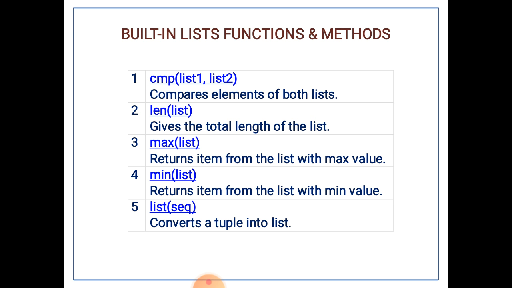And the important thing, list(seq): a tuple, which is a list that cannot be modified, is transformed into a list that can be modified. The tuple is converted into a list here.